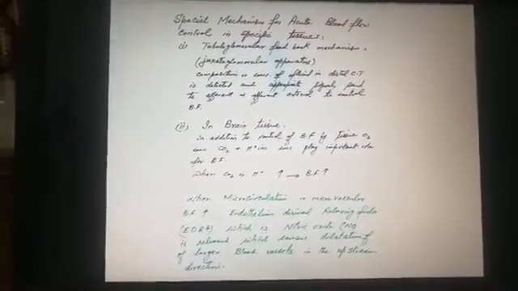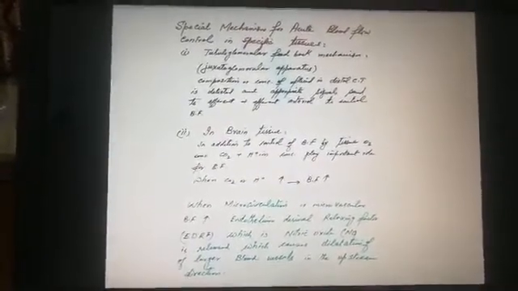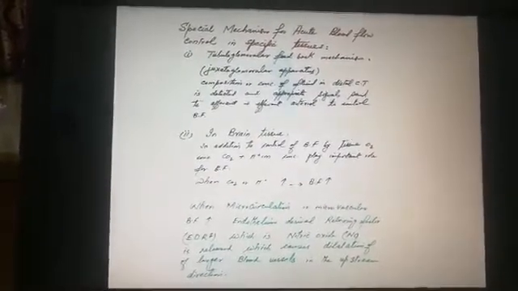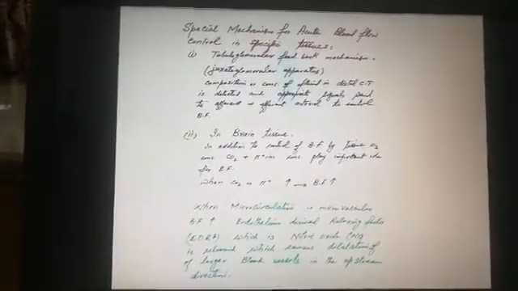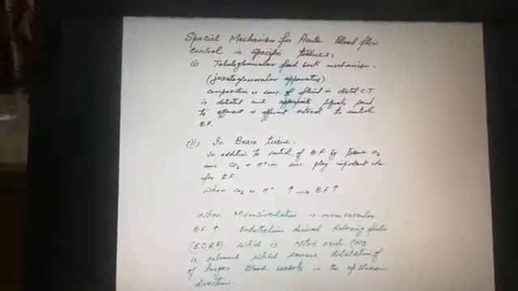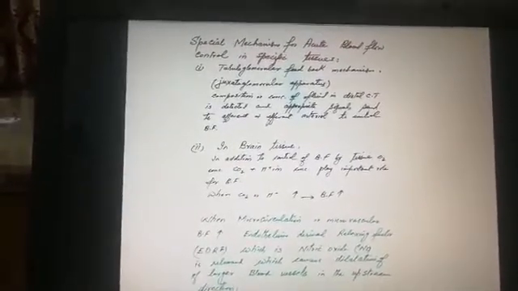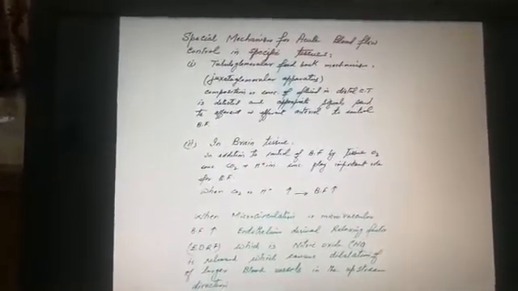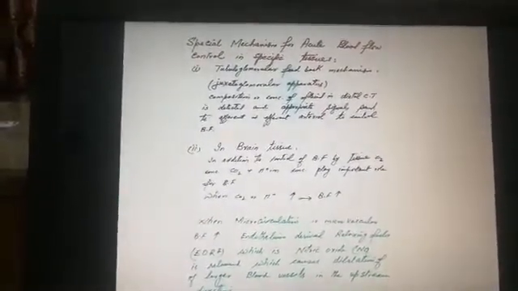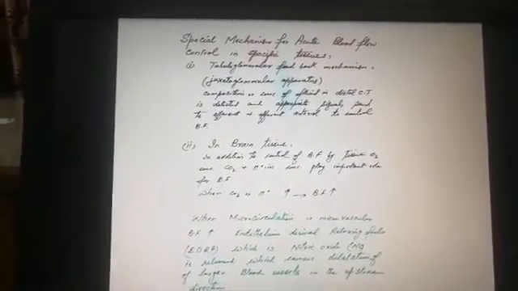You will study also in the respiration chapter about this concept, how oxygen, carbon dioxide and H plus ions control the higher centers for blood flow. When carbon dioxide or H plus ions are increased, blood flow is increased. But when oxygen is increased, there occurs vasoconstriction due to the increase in oxygen. So blood flow is decreased.